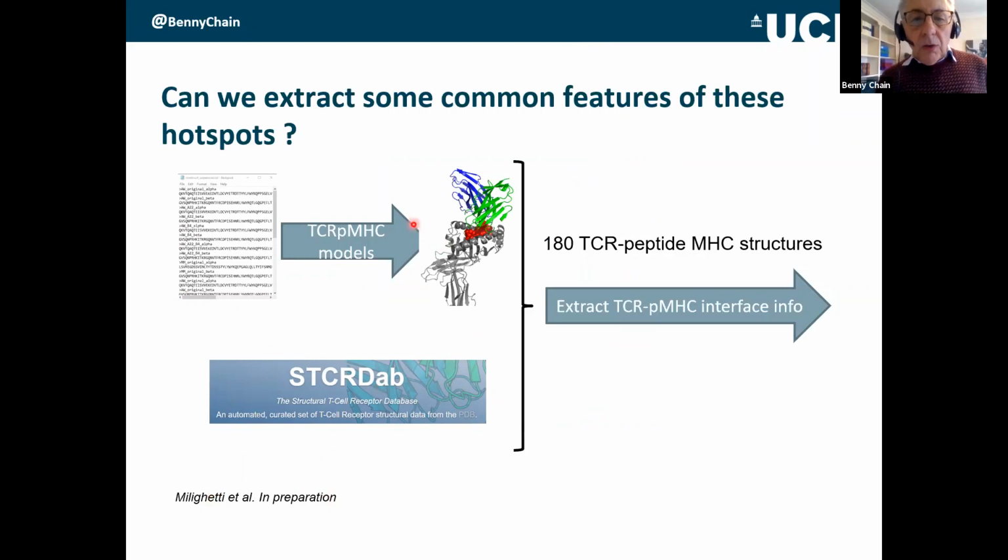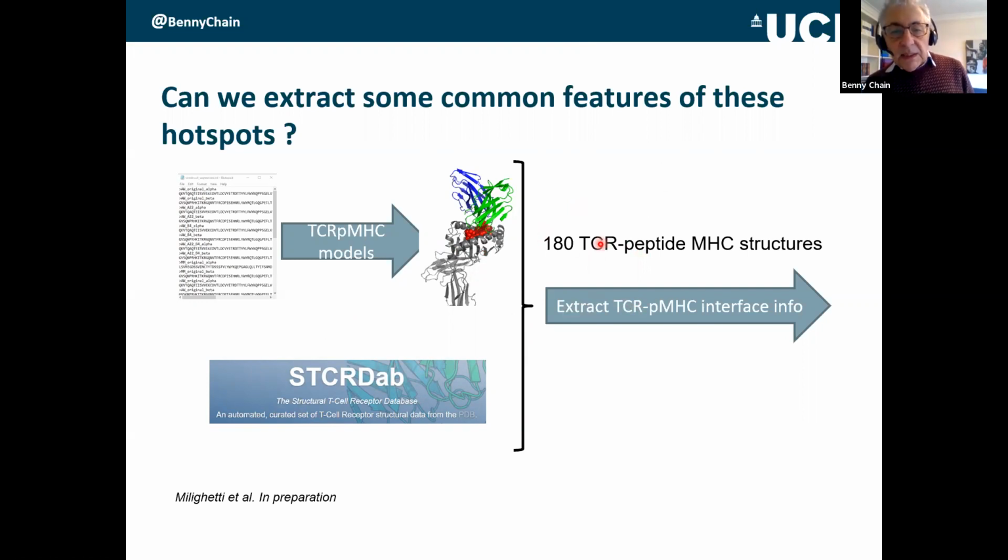There are quite a lot of actual structures now in the PDB database, about 180 T cell peptide MHC structures. And fortunately she didn't have to actually trawl through the PDB, because somebody's done that already, and there's a special database just for T cell receptors.